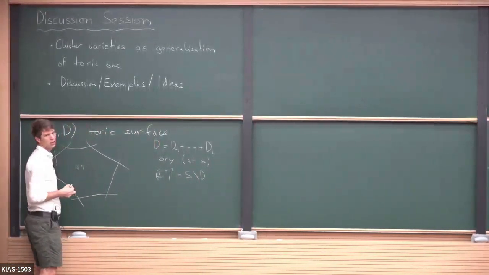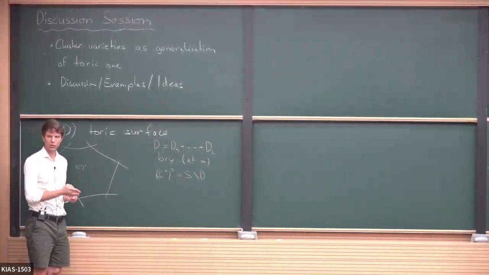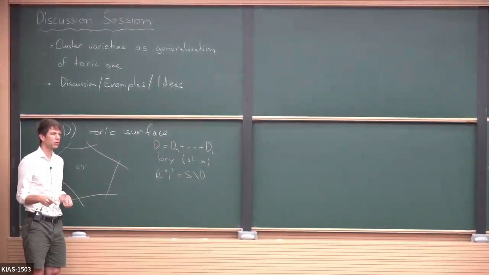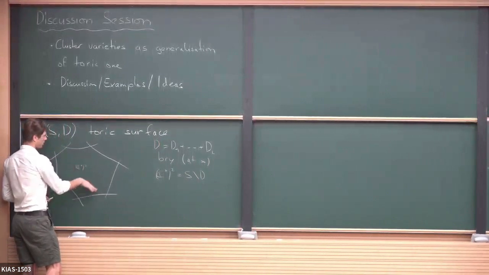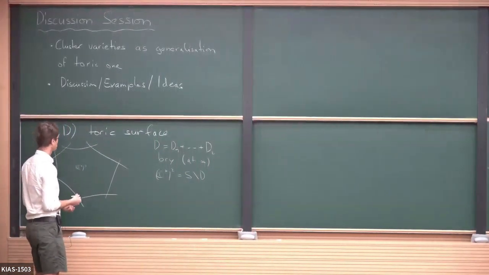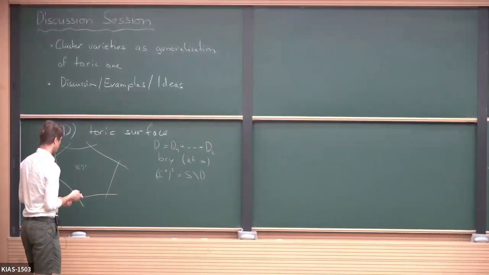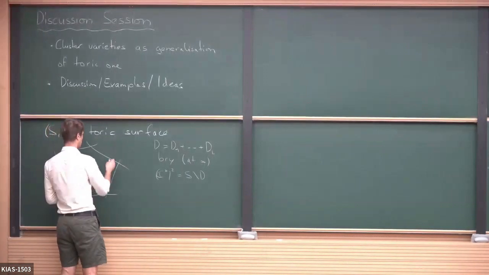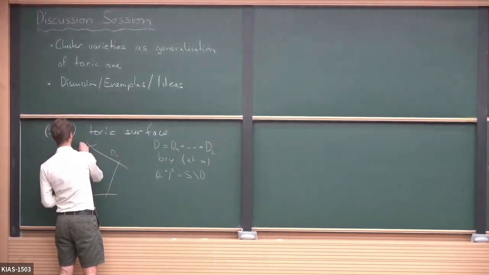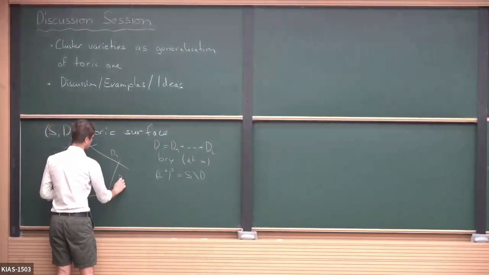And then last time we talked about how following one parameter subgroups, following co-characters, we explore what the boundary looks like. Maybe this is D1, D2, and DL.